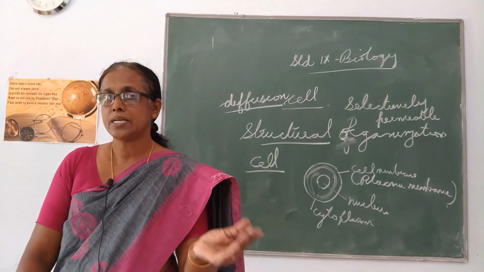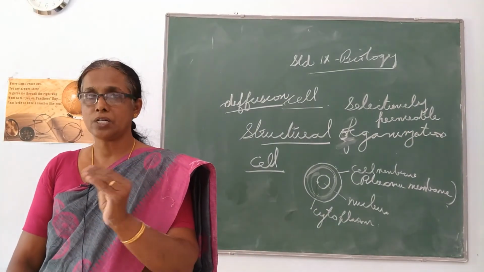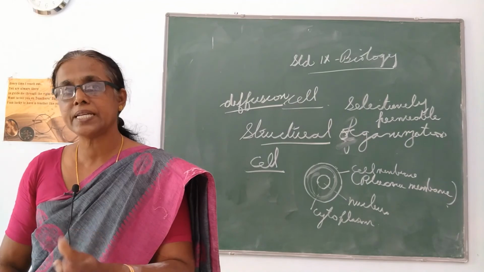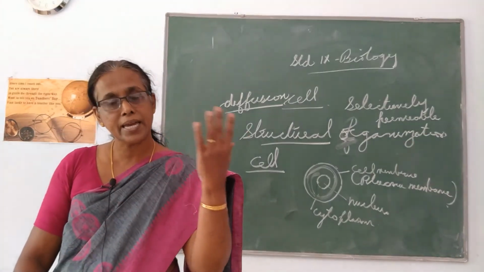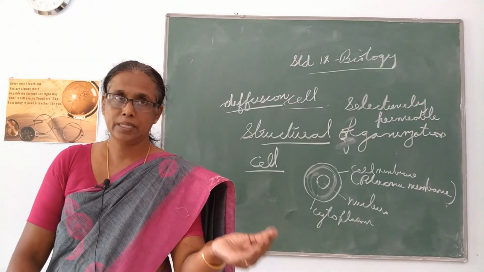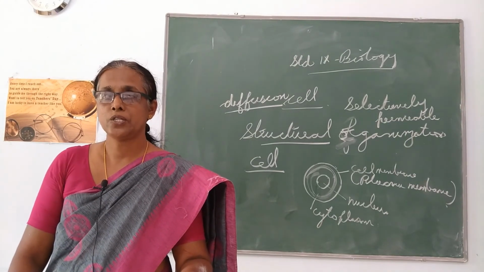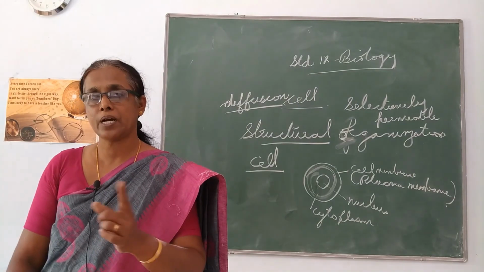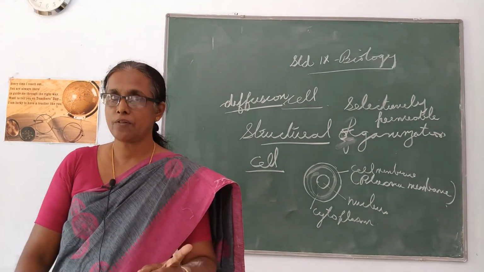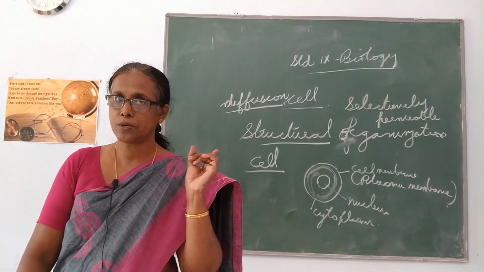You understand? In the cell, the concentration of carbon dioxide is high, and outside the cell it is low. So it has to move from the higher concentration to the lower concentration, and that is by the process of diffusion.